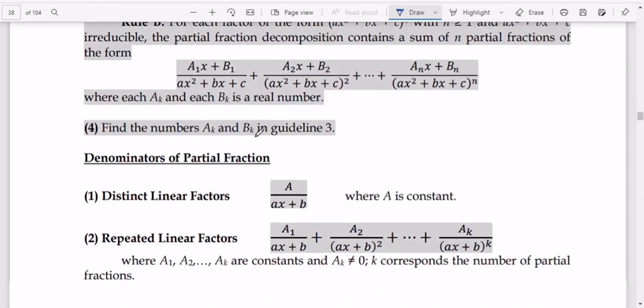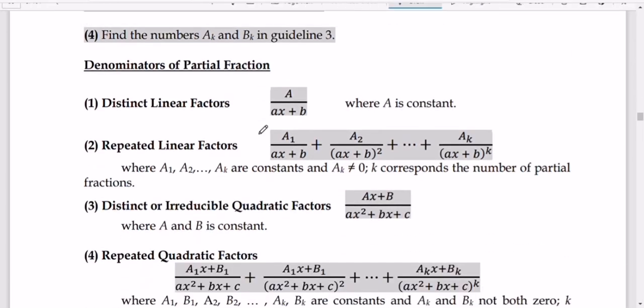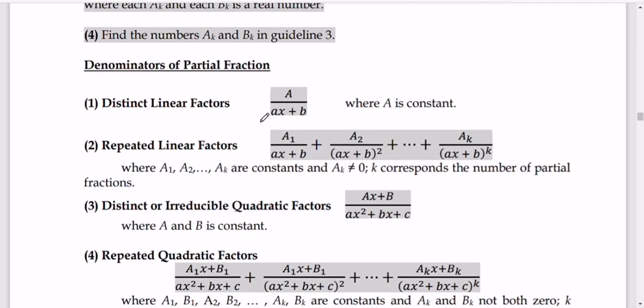So, as stated in our objective, we have different kinds of denominators of partial fractions.